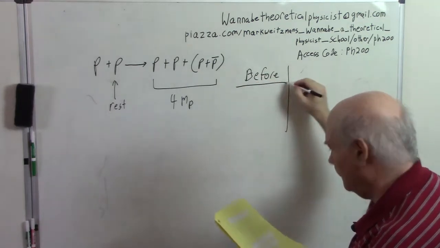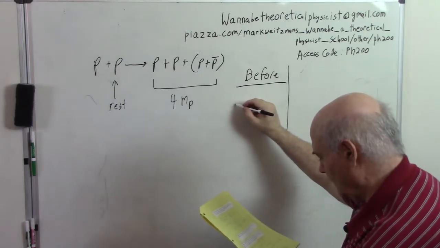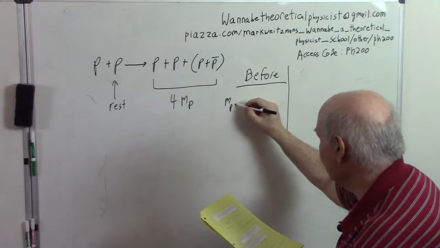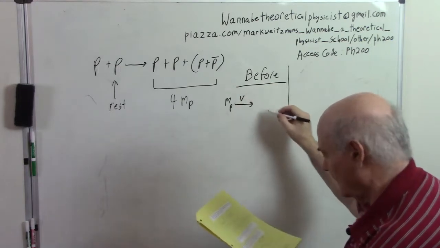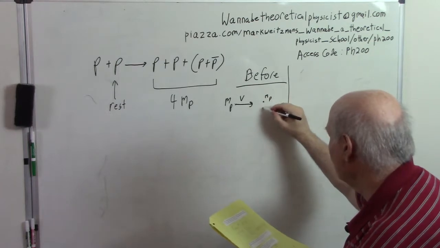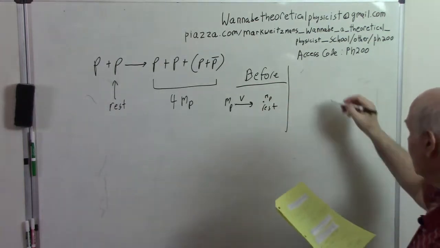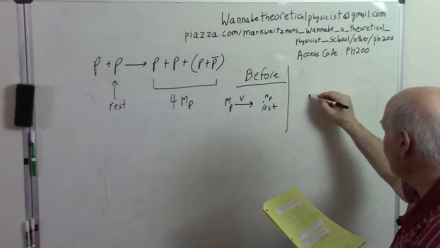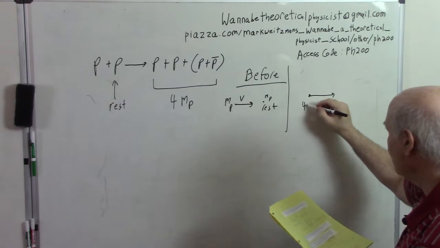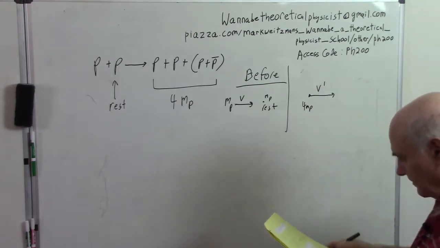Before, we have the mass of a proton going with velocity v, colliding with a proton at rest. And afterwards, we want a single particle, rest mass 4mp, going at velocity v prime.